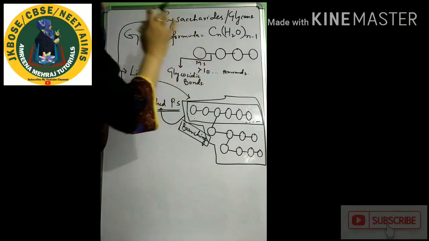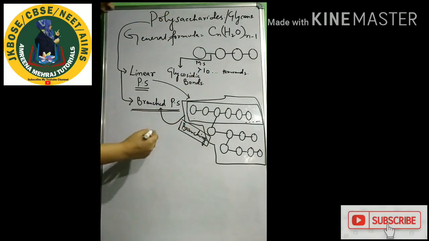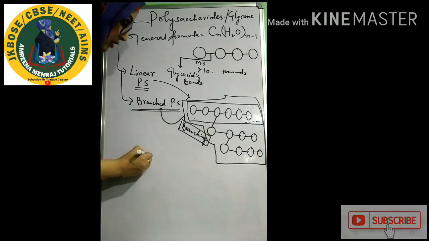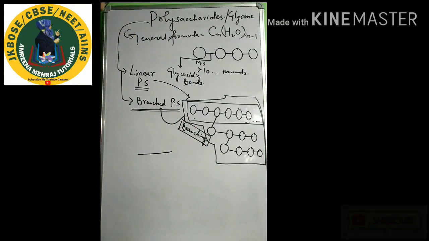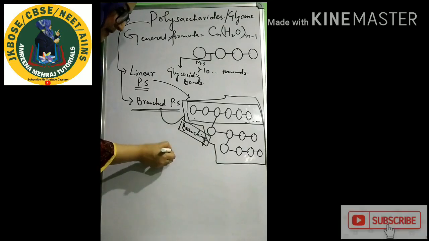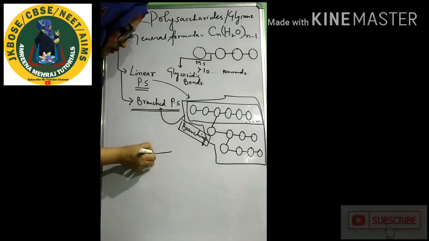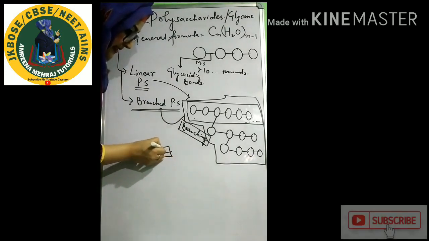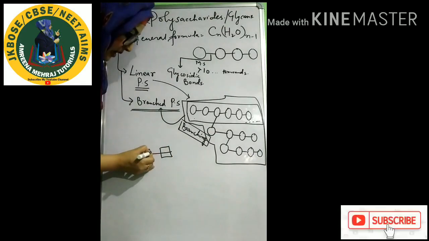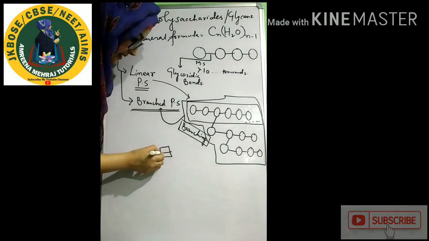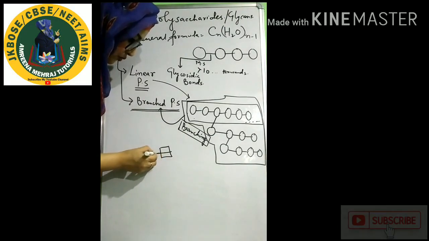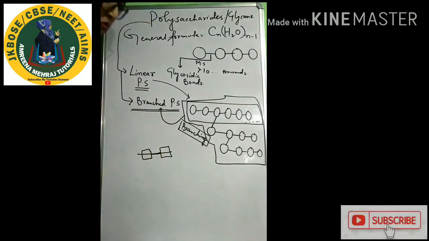Now analyze this. You know that if your chain of sugars has two ends, and suppose over here there is glucose and over here there is another glucose. Say for example, I'm talking about this case. Now over here, this carbon and this carbon are participating in glycosidic bond formation.